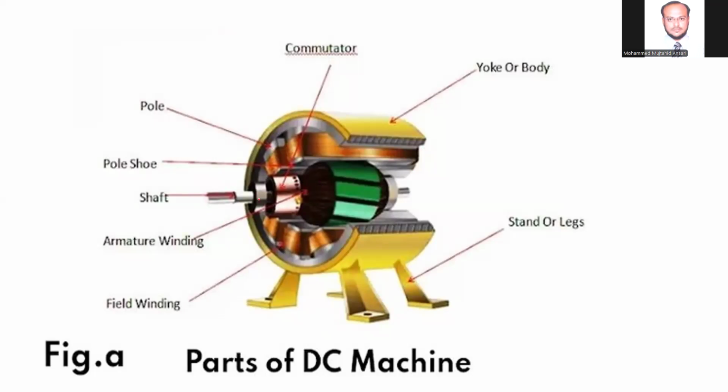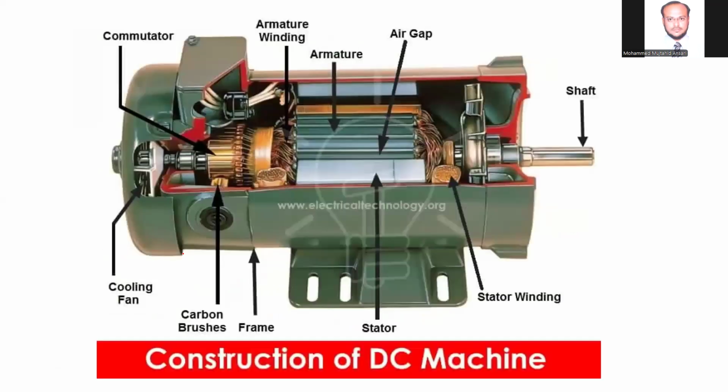This is the shaft, bearings, and the commutator segments. The armature winding is connected to the commutator segments. This is the field winding, and this is the yoke, which is used to carry the magnetic flux as well as to protect the rotating and stationary parts of the machine.